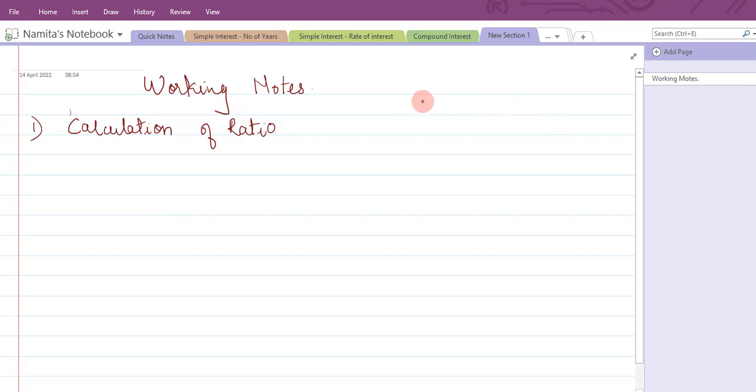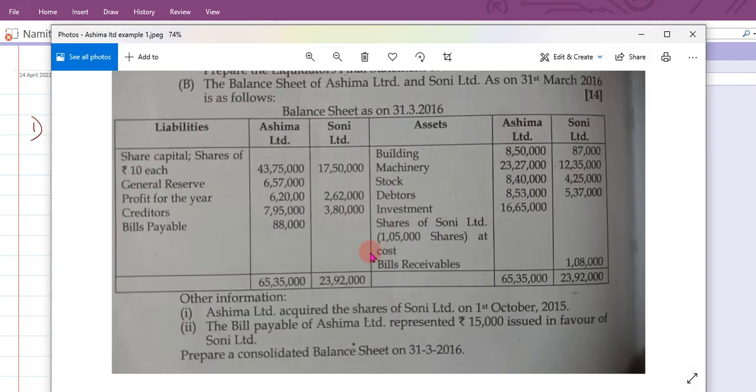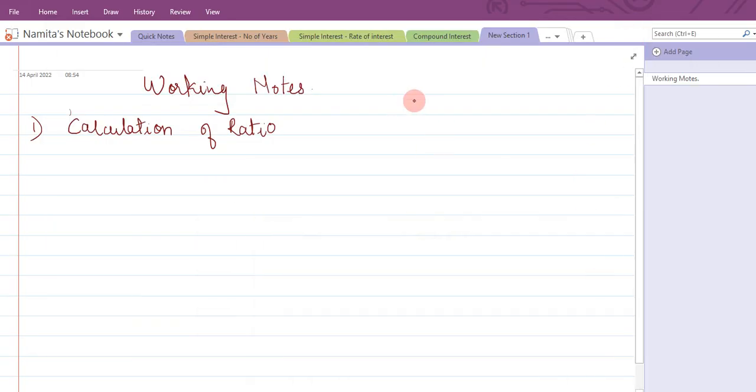First of all, we need to find Sony Limited's number of shares. See here, Sony Limited's share capital is 17,50,000. We don't know the number of shares of Sony Limited. So to find the number of shares, we do share capital divided by value per share.